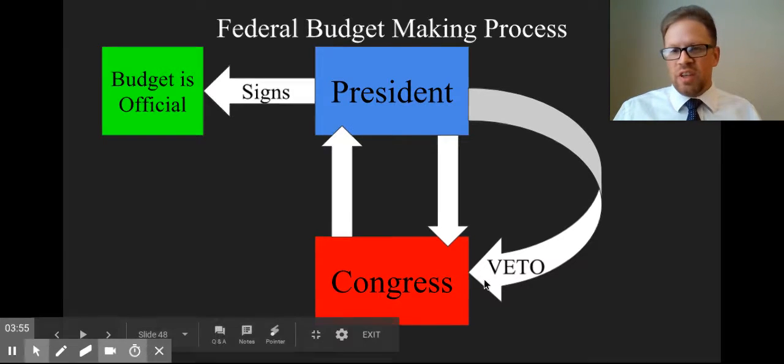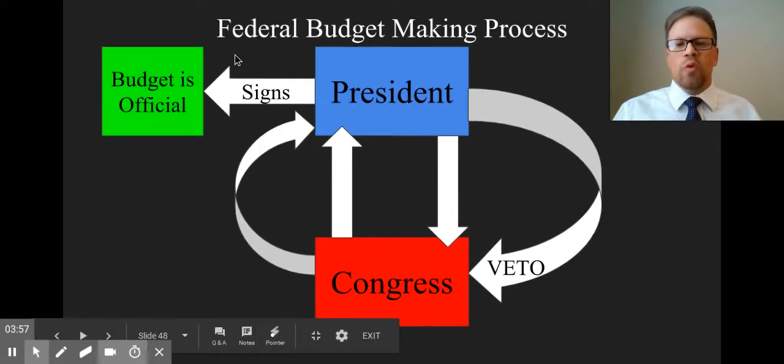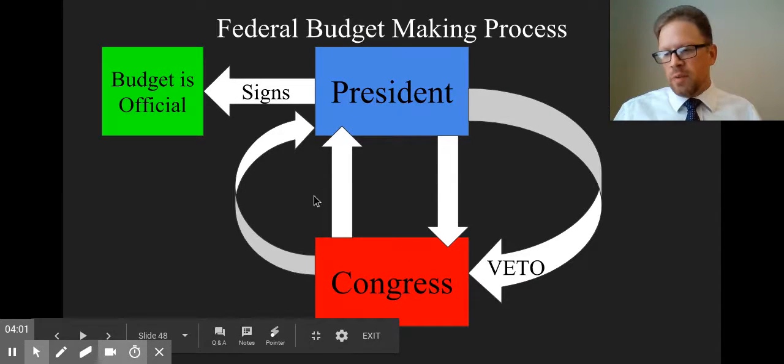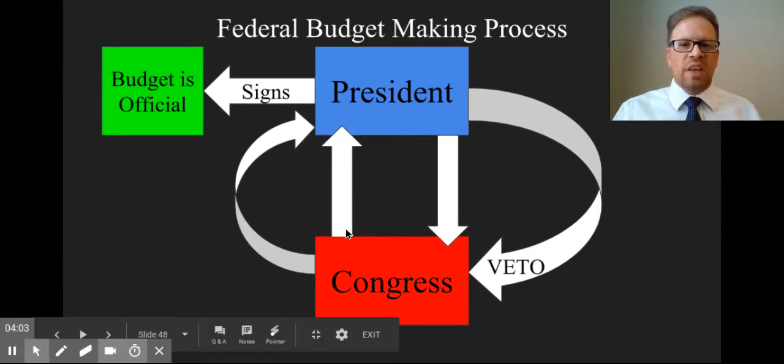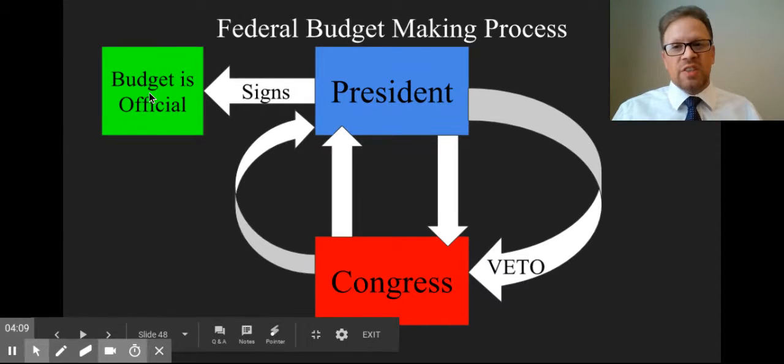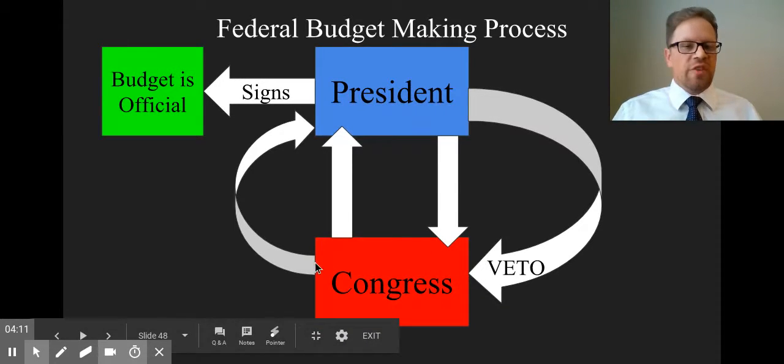And then essentially this process will be in a repeating pattern until one of two things happens. Either Congress passes a budget that the President can live with and decides to sign and make official, or Congress can muster up a 2/3 majority to override the President's veto, although that rarely happens when we're talking about the budget.